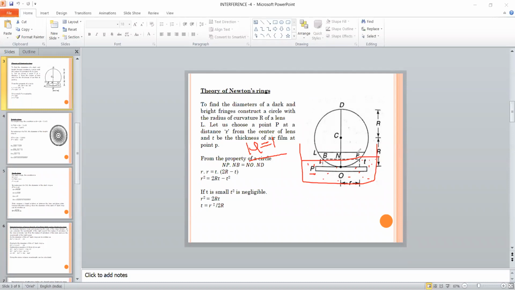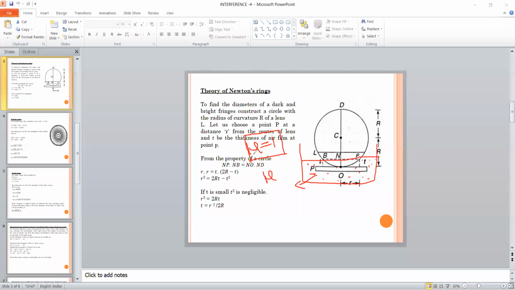Whereas if there is some medium between the plano-convex lens and glass plate, for example a liquid, some mercury or any alcohol like that, it has some refractive index mu. Okay. But in the last session, we discussed the air medium between plano-convex lens and glass plate.